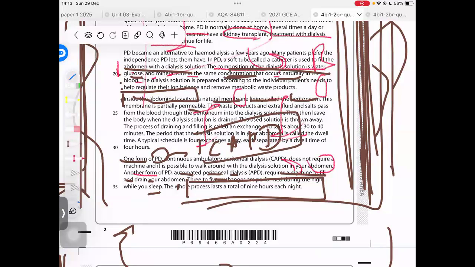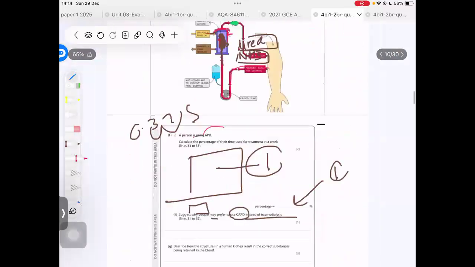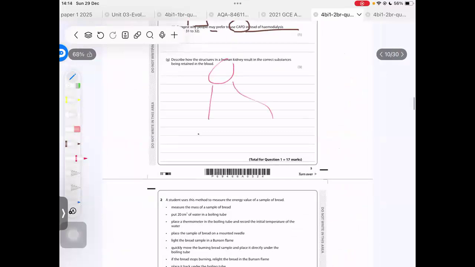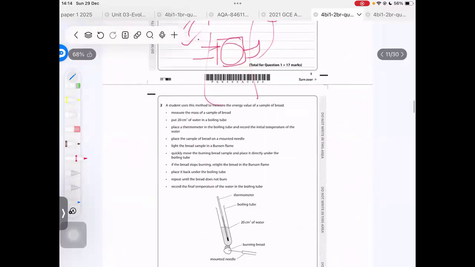Now they say it does not require a machine and it is possible to walk around with the dialysis solution in your abdomen. I think you might have seen some people in movies carrying some bag in their stomach, right? Yeah, that is the dialysis solution.